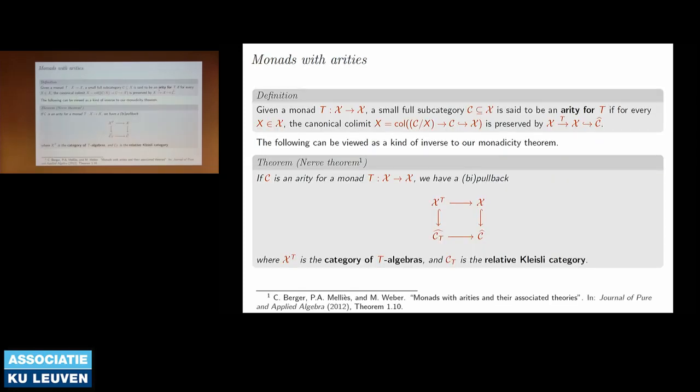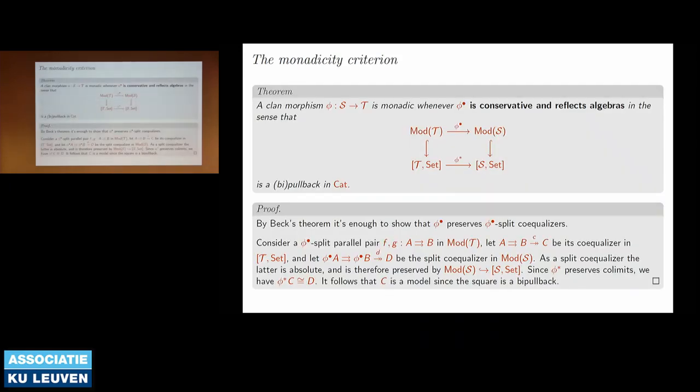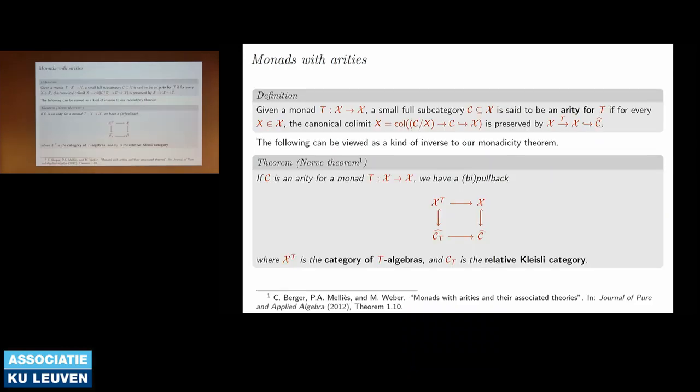Instead, I want to mention monads with arities. So it turns out that this criterion, that this square is a pullback, is very similar to something that comes up in the context of monads with arities.